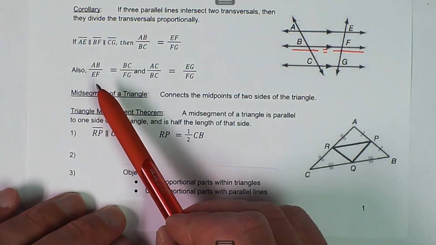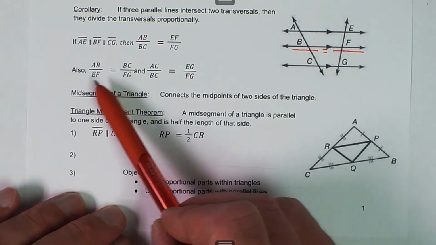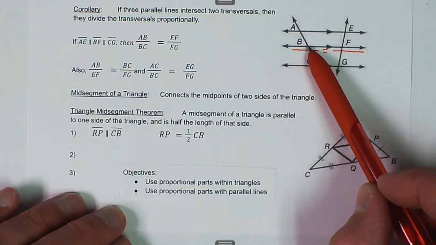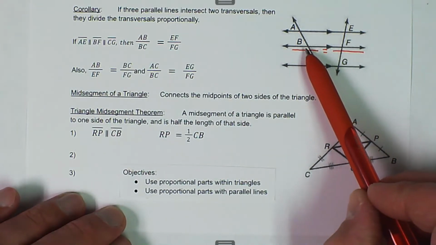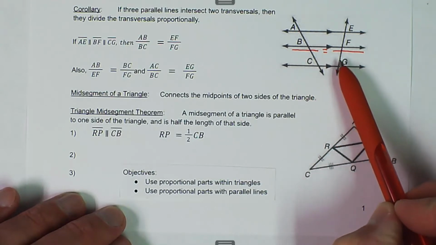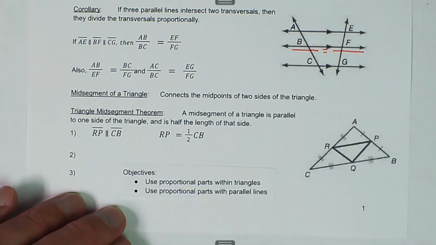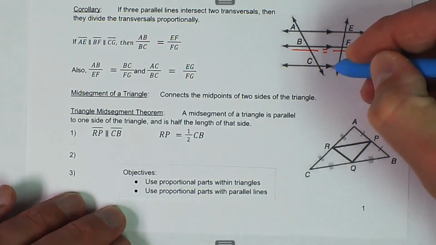Also, AB divided by EF is equal to BC divided by FG. So we could draw the proportion to go also this way.